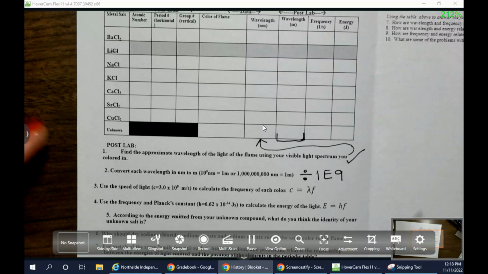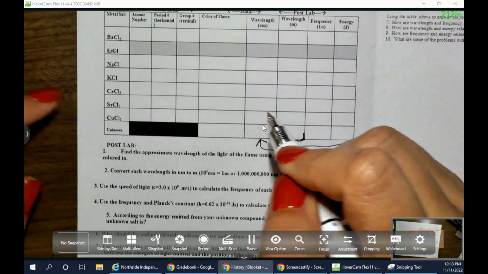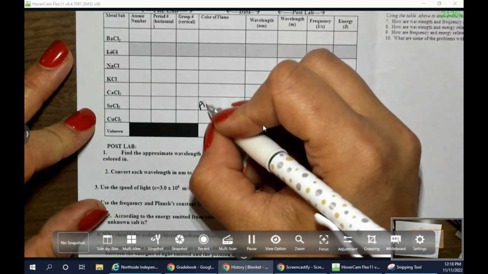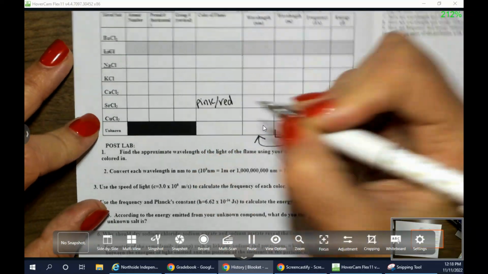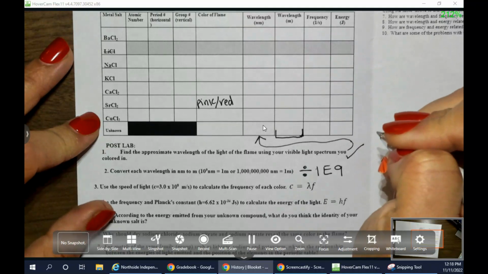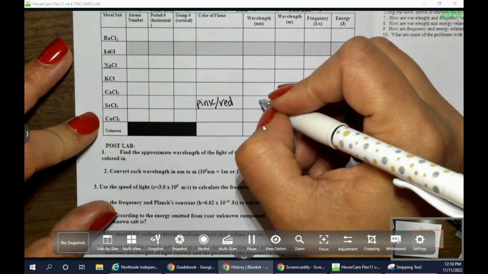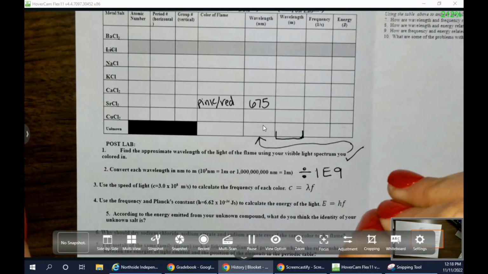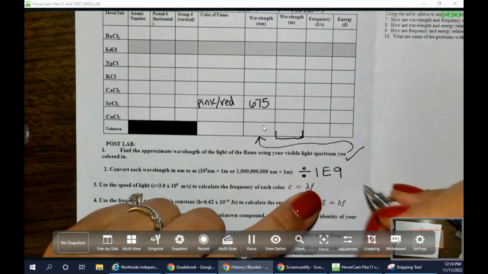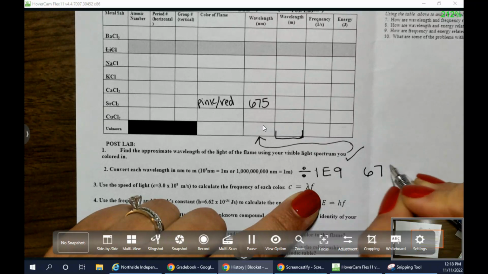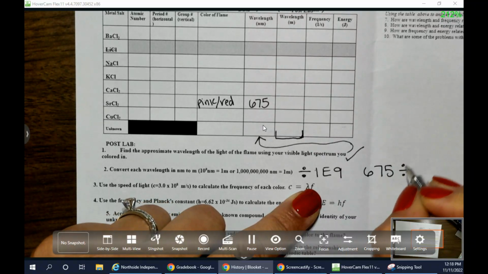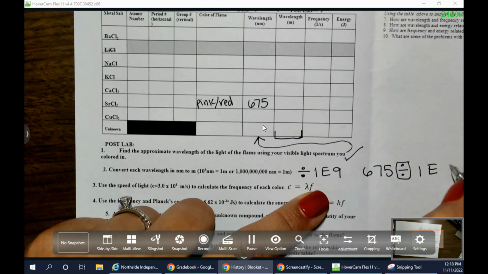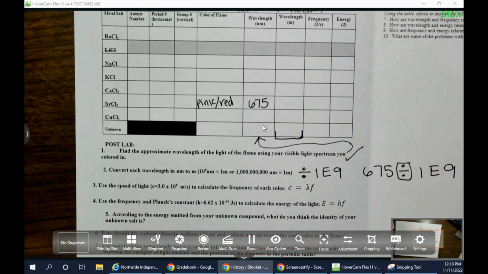So for example, back to our strontium, I think I gave you guys strontium yesterday, right? I said it was like a pink red. So I went ahead and gave it the number 675. If I put 675 there, I'm going to take 675 and divide it. So in the calculator, I'm going to push divide and go 1E9. If you're using my calculators, that's what you're plugging in.